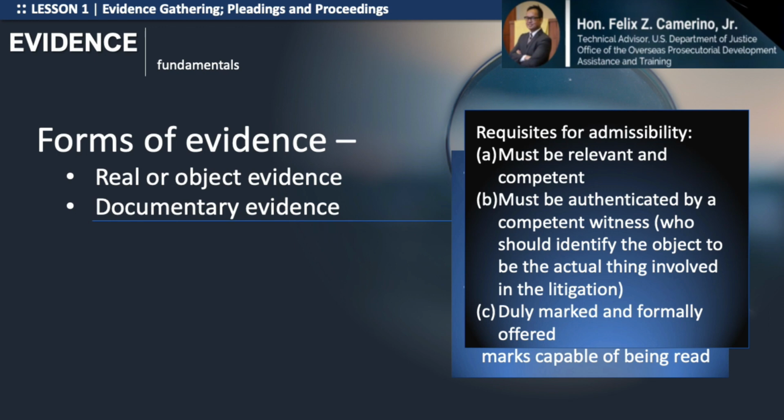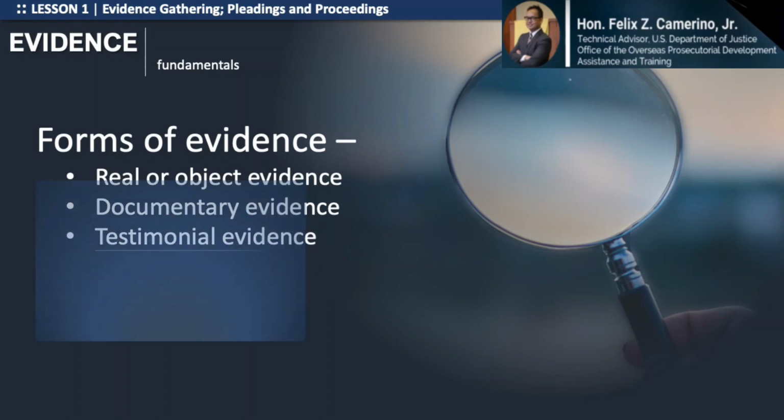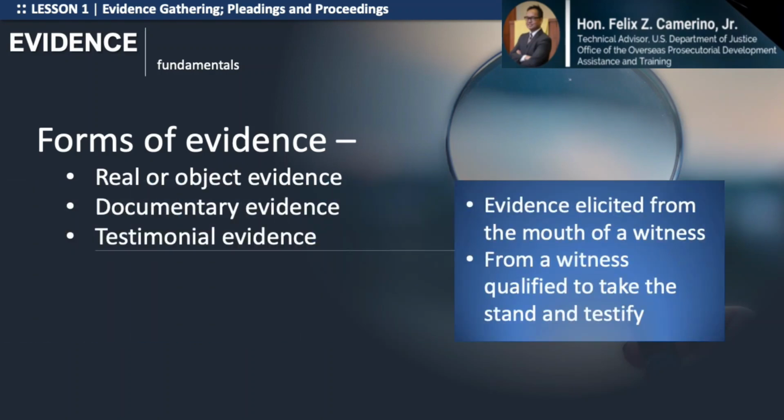Okay, so the third and last form of evidence that we're going to talk about is testimonial evidence. Testimonial evidence is essentially what the witness would be telling the court, based on their personal knowledge of facts and circumstances related to the case.